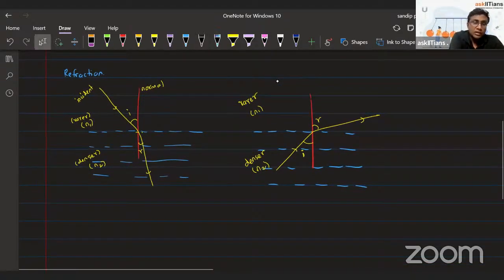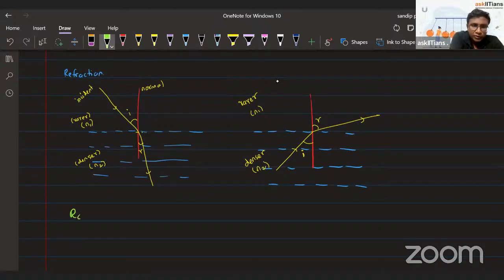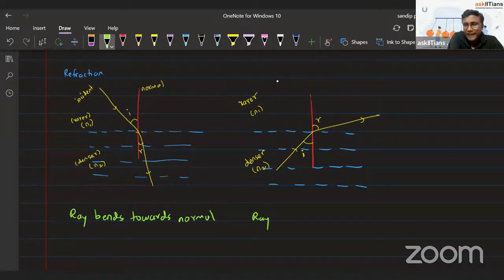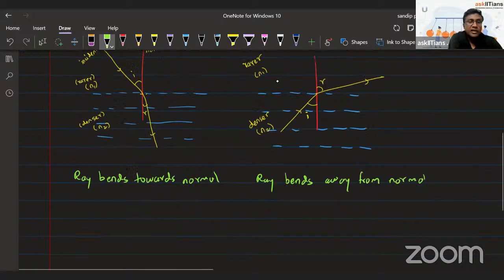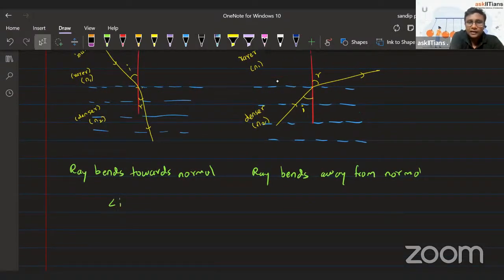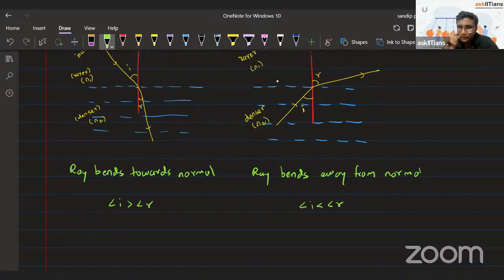In the first one, remember the ray bends towards the normal. Here the ray bends away from the normal. So in the first case, angle I is greater than angle R, and here angle I is less than angle R. Let me write it like this: I is less than R in one case, and I is greater than R in the other.